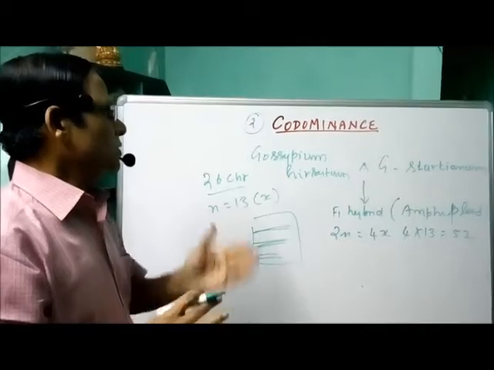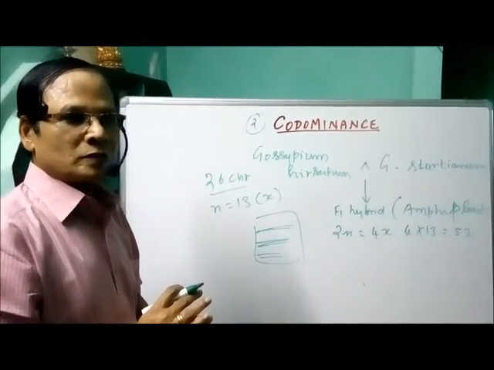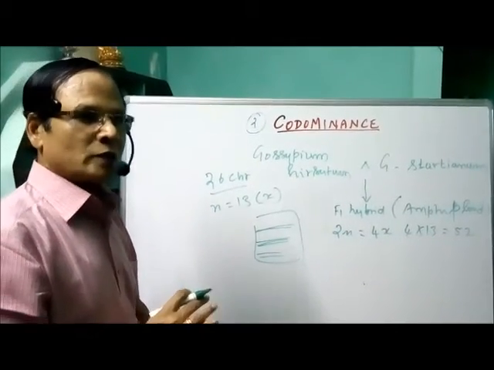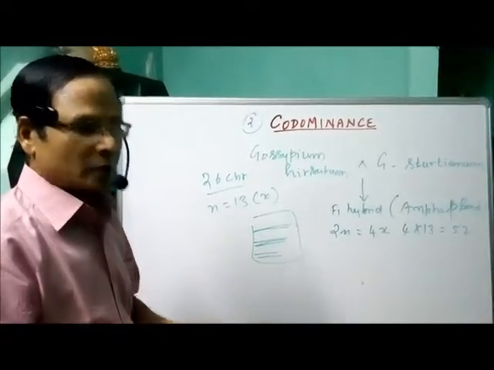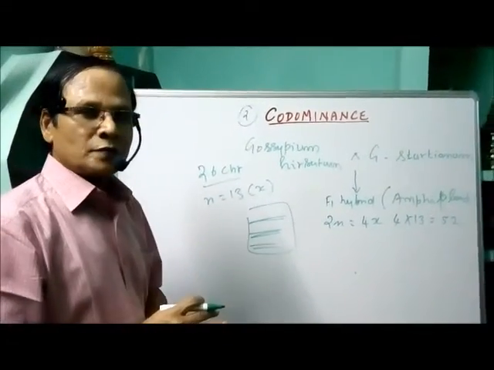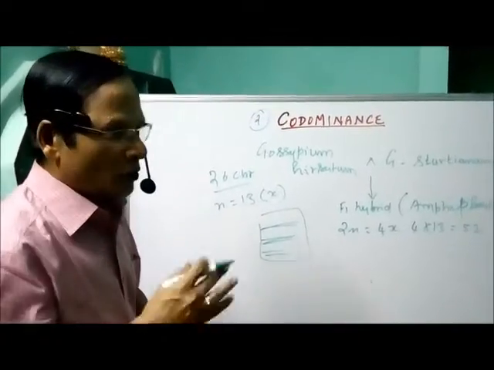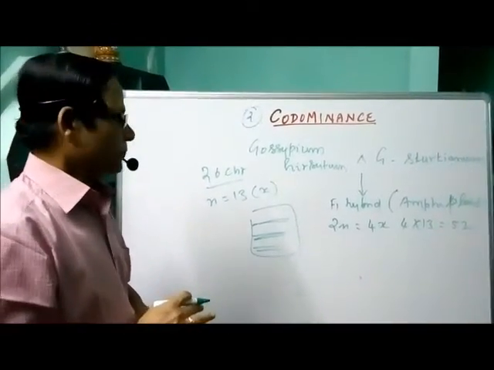Now, the heterozygote genotype controls or produces a phenotype which is distinctly different from the homozygous genotypes of the parents.